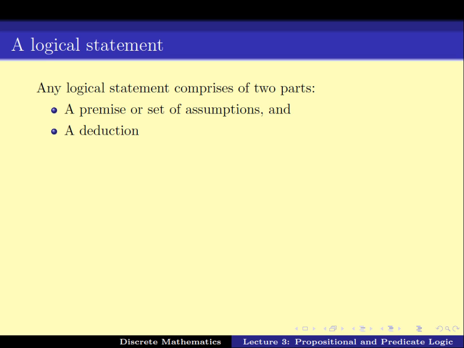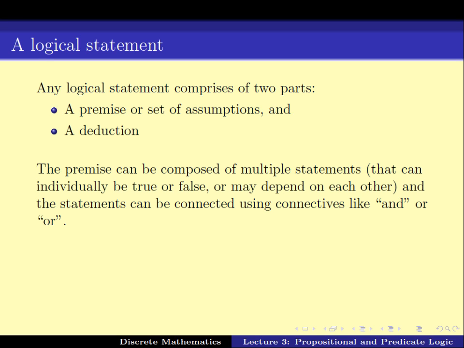The premise or the set of assumptions can be composed of multiple smaller statements, each of which individually can be true or false, or in other words, each of the smaller statements can either be satisfied or not, and these smaller statements are connected using connectives like and, or.